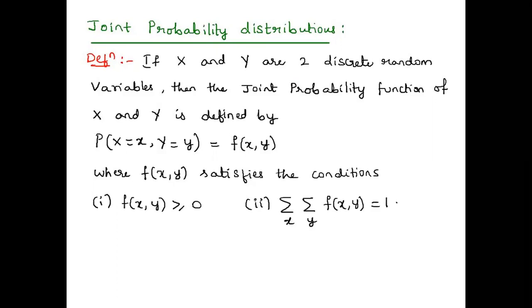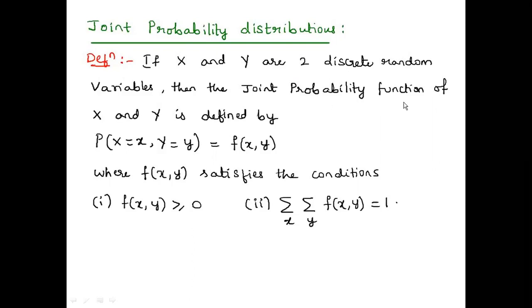We recall the discrete probability function, which satisfies similar conditions. In order to say it is a discrete probability function, p of x has to satisfy p of x greater than or equal to 0 and summation p of x should be equal to 1. In the same manner, we are dealing with two discrete random variables x and y.